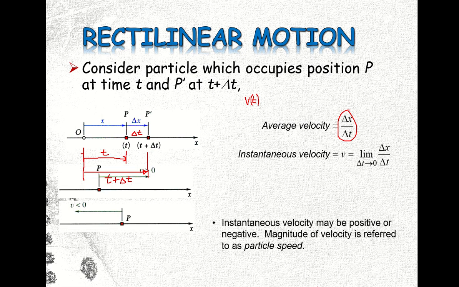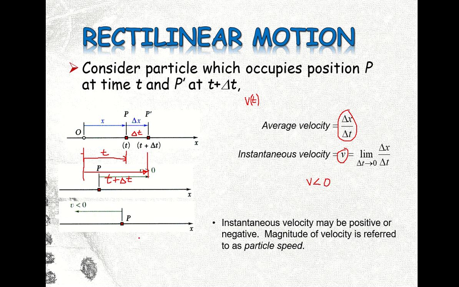Alright? Now, instantaneous velocity may be positive or negative. It depends on the direction, it depends on the value of our v. Now, when v is less than 0, what does it mean? It means that the value of our v is negative.